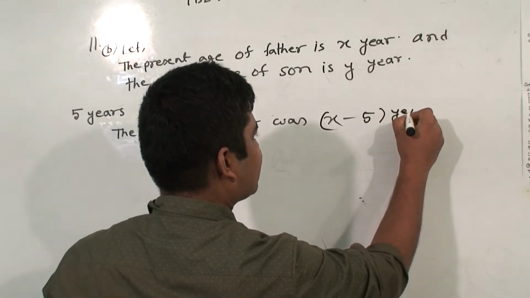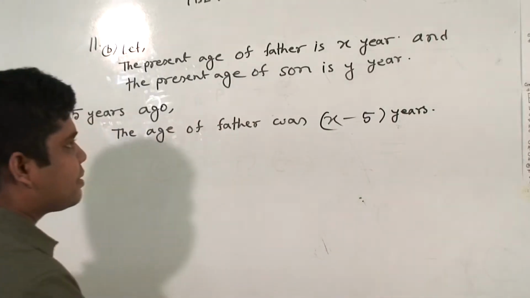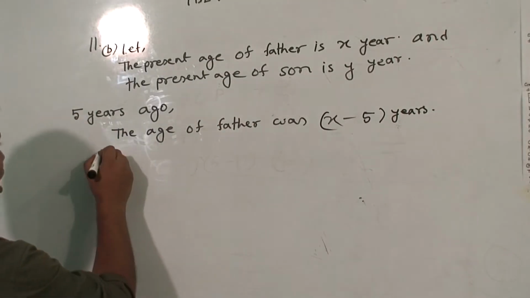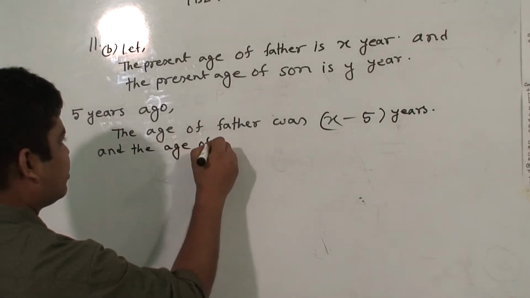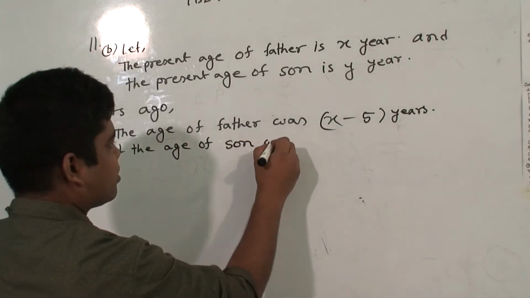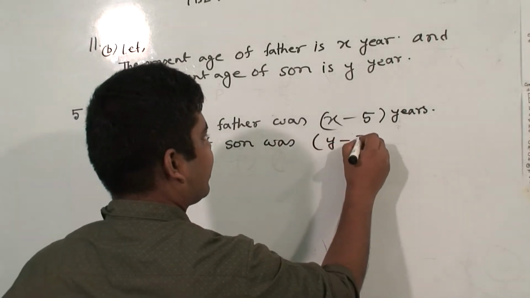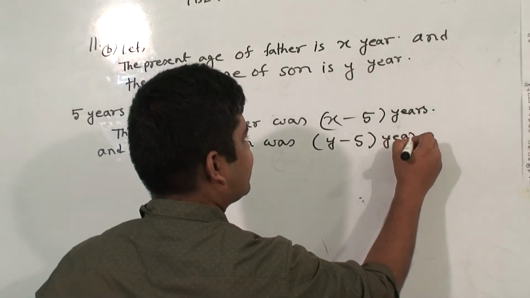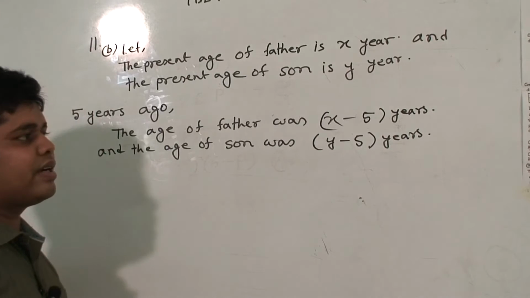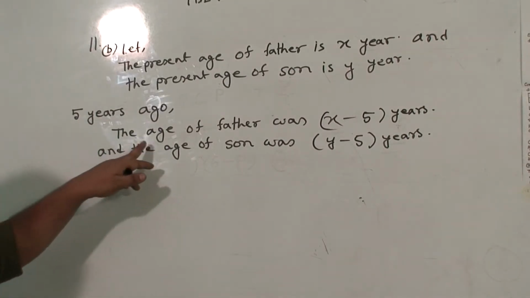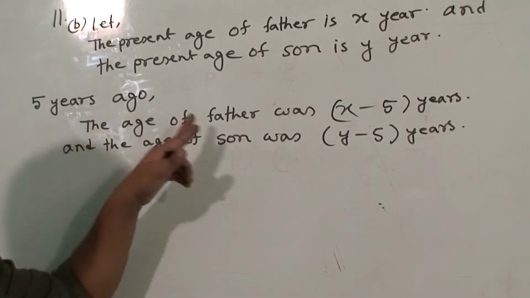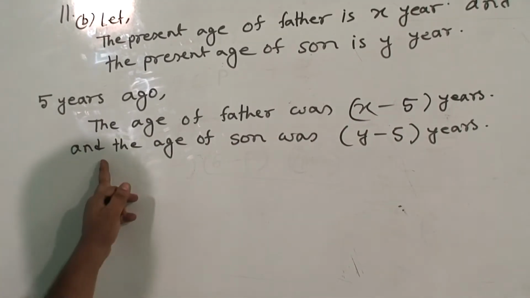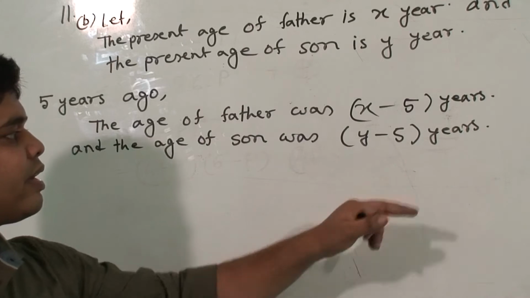5 years. Okay. Next, the age of son was y minus 5 years. Okay, I hope you have understood. Dear student, the age of father before 5 years was x minus 5 and the age of son was y minus 5.